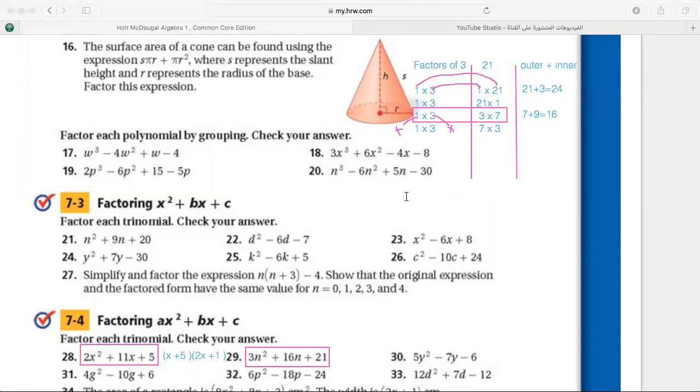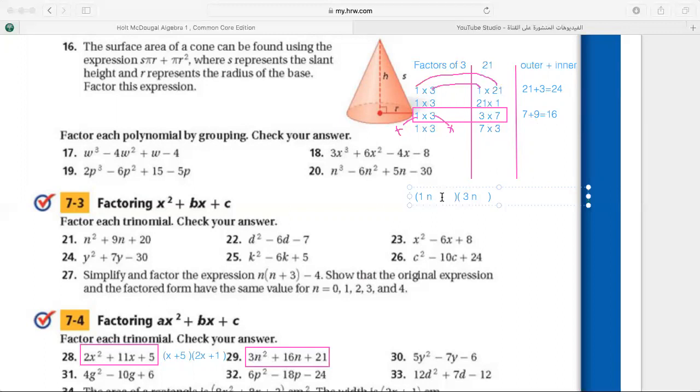Can you tell me, Tala, how I will write it? What are the variables? I have n. I will not use x. What I will write next to n here? 1. What I will write next to n here? 3. Excellent.